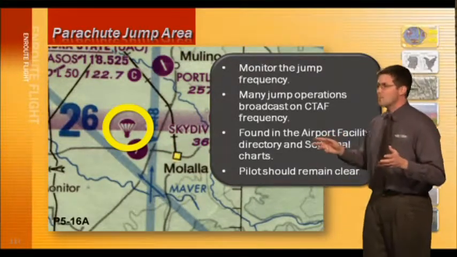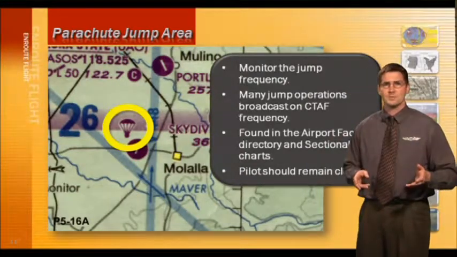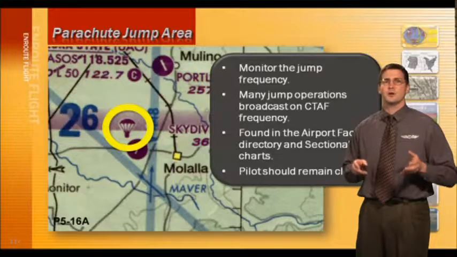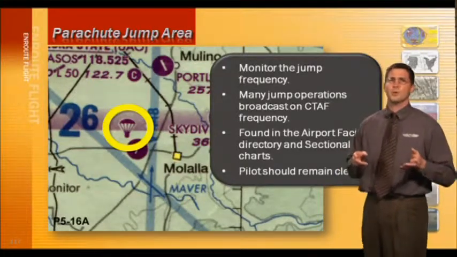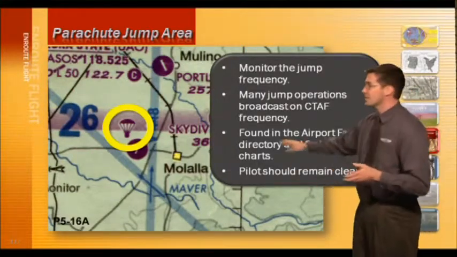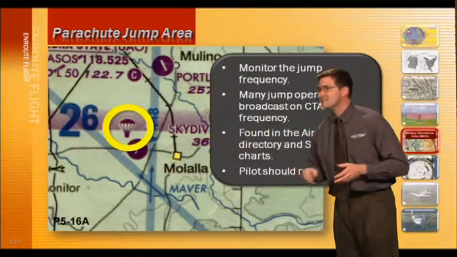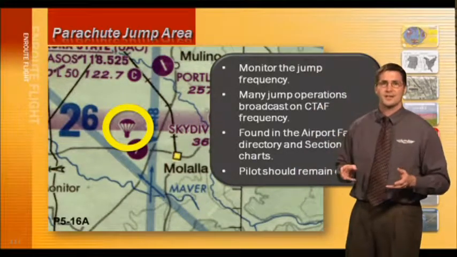The only way to positively identify when jumpers are in the air is to monitor the jump frequency. Many skydiving operators use the Common Traffic Advisory Frequency, or CTAF, at an airport to announce when the jumpers are in the air. Skydive Oregon, which is based at a private strip, does not even have a CTAF frequency, so you should stay well clear of that particular area.